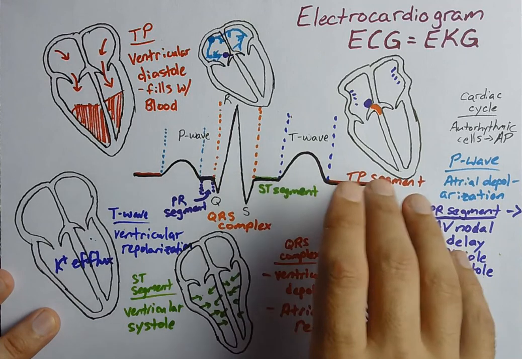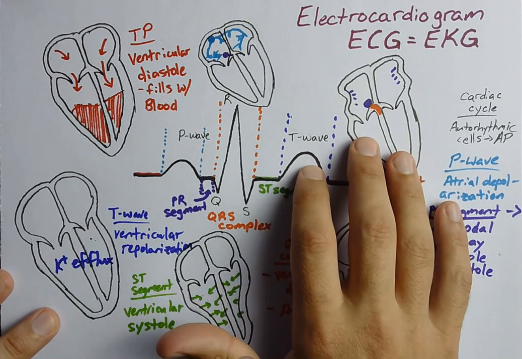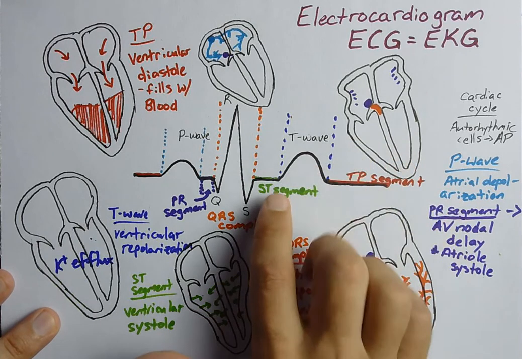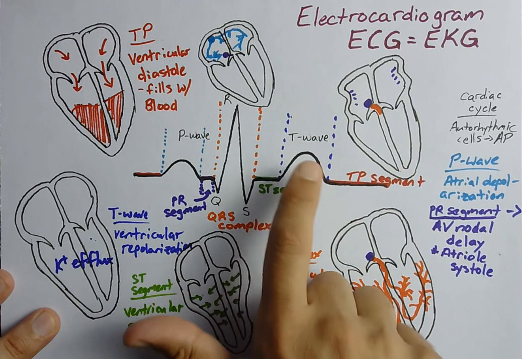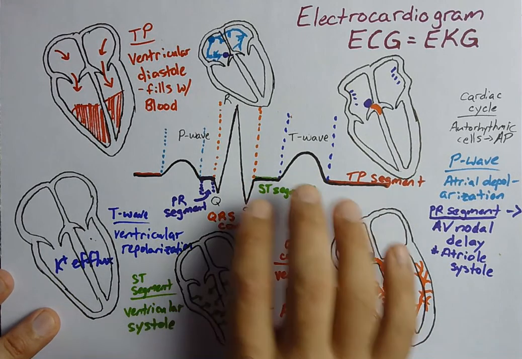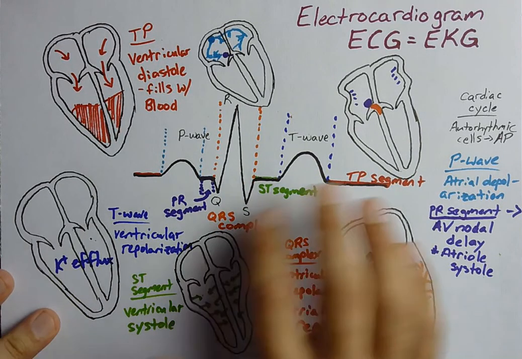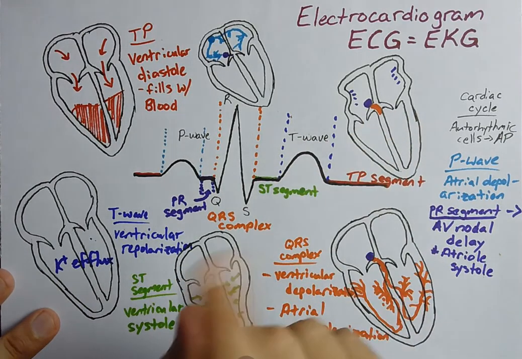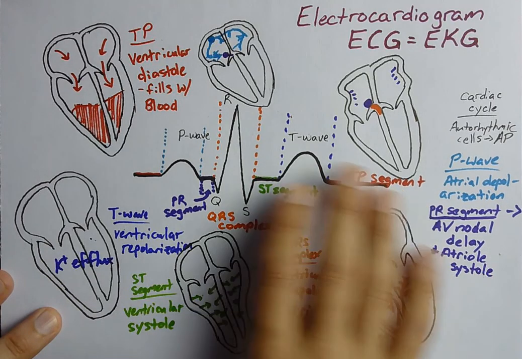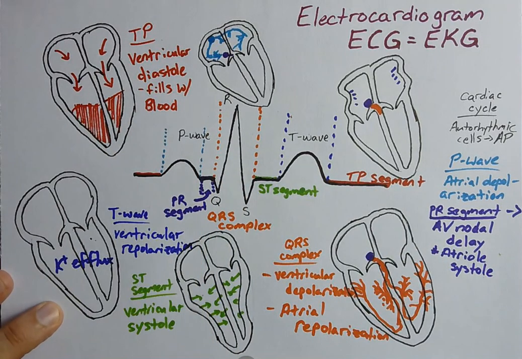Whichever direction the current's moving towards the electrode, whether it's a depolarization event or a repolarization event, if it's moving towards the positive electrode, you'll see positive. If it moves towards the negative electrode, you'll see negative. And that is why the T wave goes up and not down. Finally, after those ventricles have repolarized, the heart gets to relax during the TP segment and it's going to fill with blood.